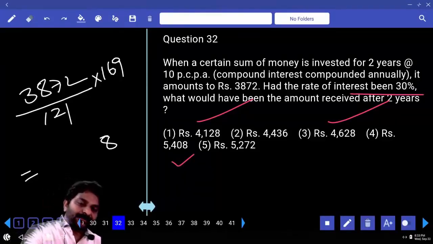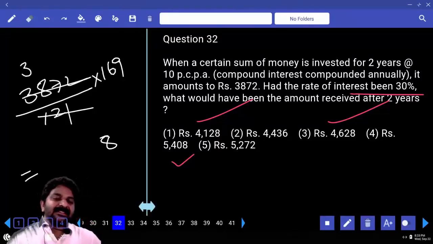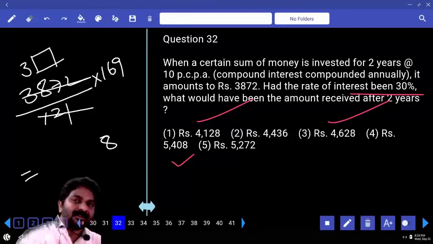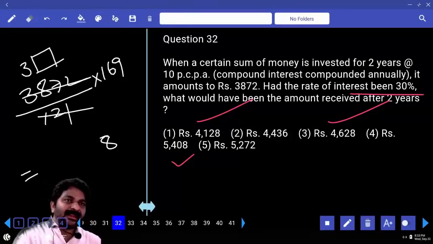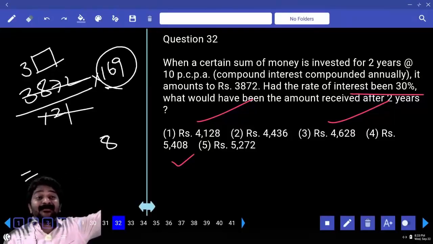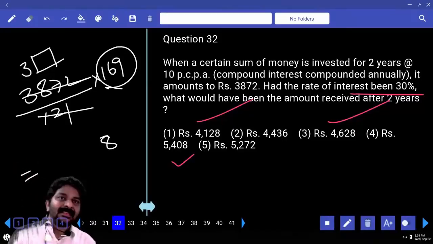So let's do it. 121, 3 times, 363, correct? And still you know that there is some number coming here, correct? 169, approximately treat it as 170. What is 173 times? 510. That means your answer must start with 5 only.